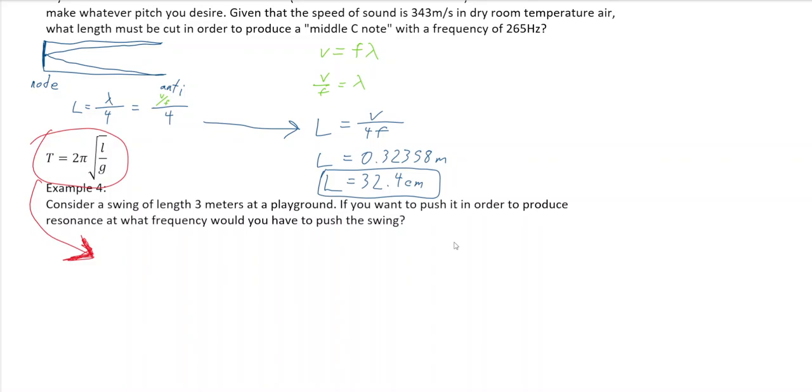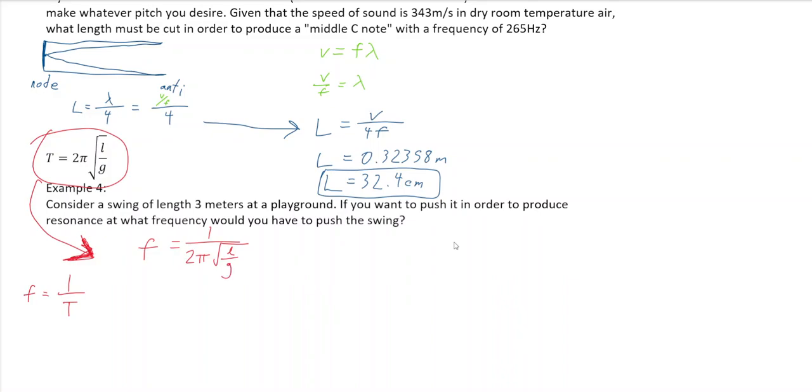So it's more of a conceptual thing using the pendulum idea. The only other formula you need is that frequency equals 1 over period. So using those two formulas together, frequency equals 1 over 2 pi square root L over G.